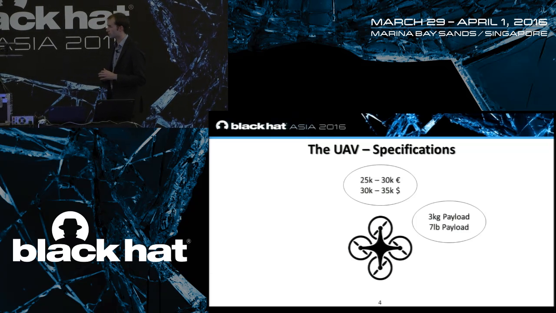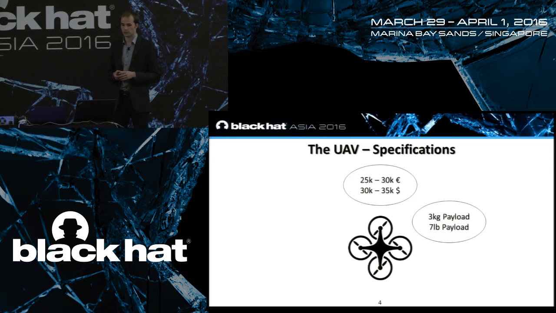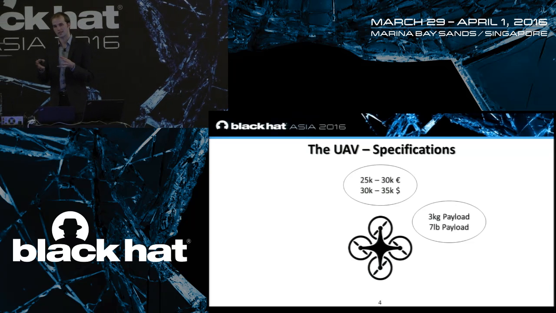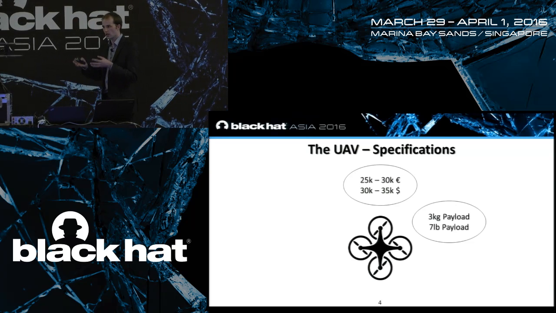It can carry up to 3 kg of payload, which is roughly 7 pounds, which is really a lot. If you compare it to consumer UAVs, they can barely carry anything. So this is really able to lift a lot of heavy weight.